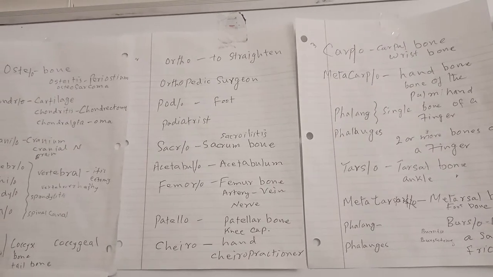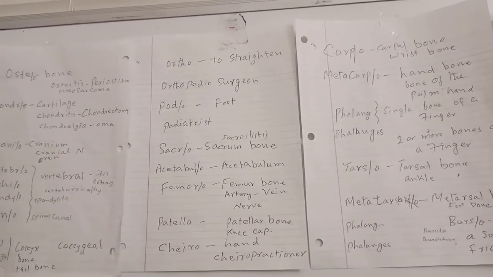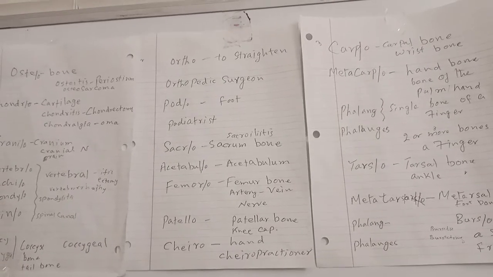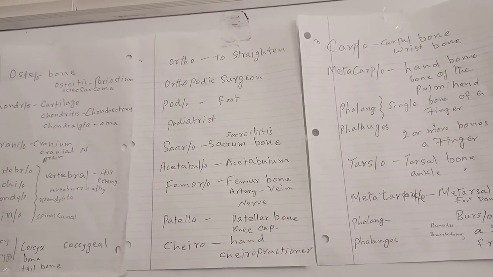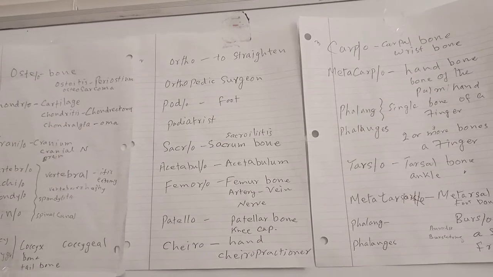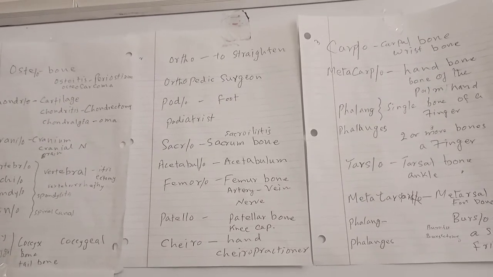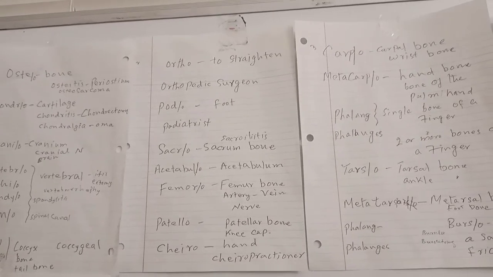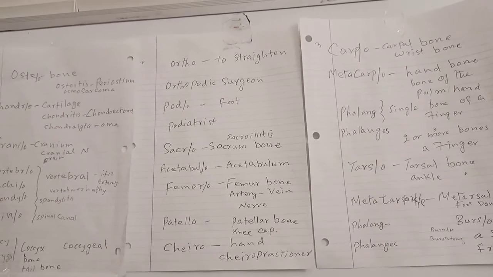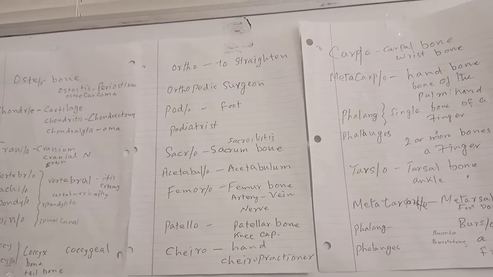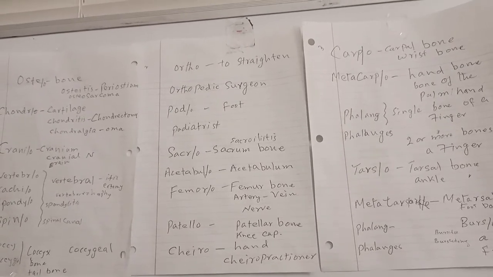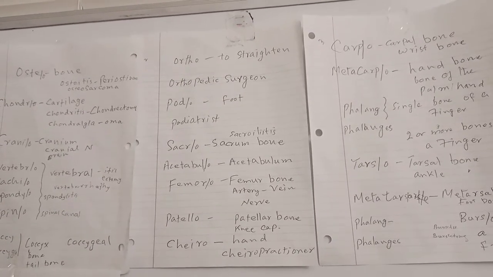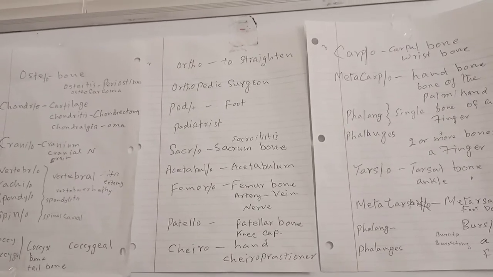So from femor we make femoral artery, the artery which runs in this area. Femoral vein, which also runs in this area. And there is a nerve which supplies this area, part of the spinal cord. Femoral artery, femoral vein, femoral nerve, and femoral bone, of course, the largest bone in the body.